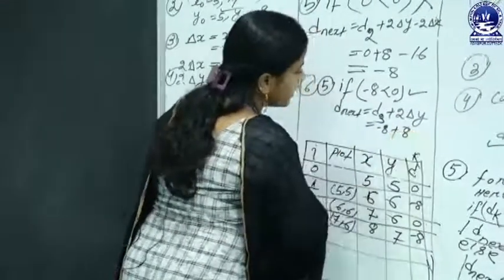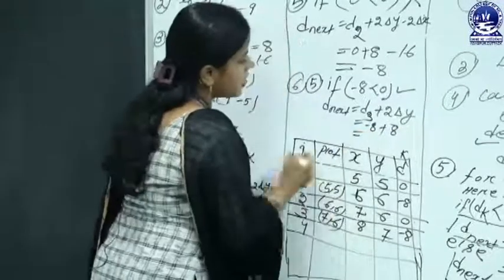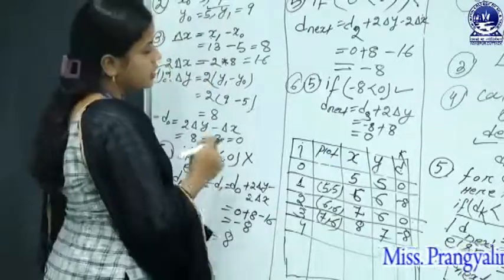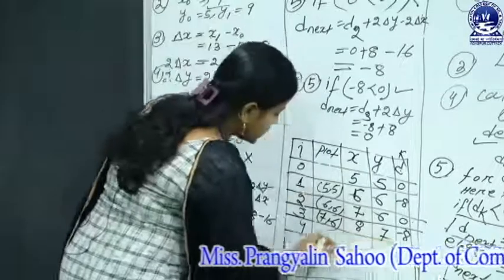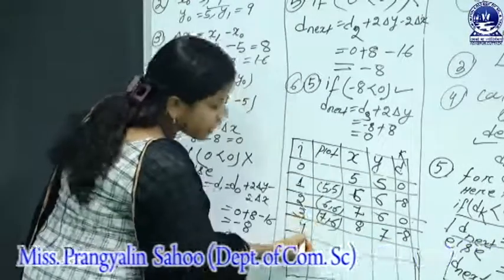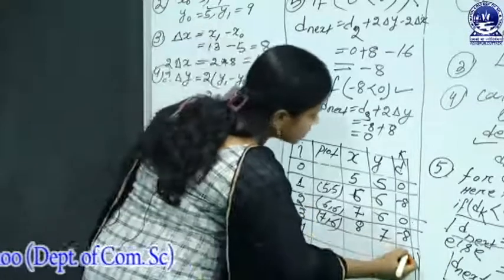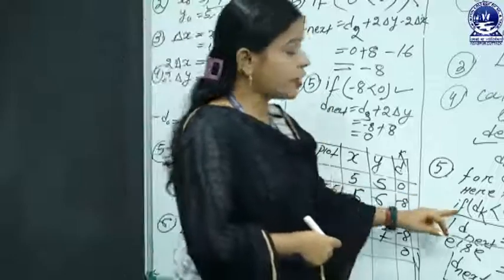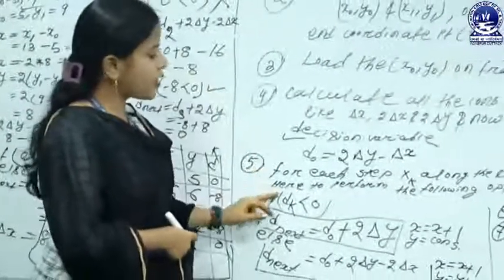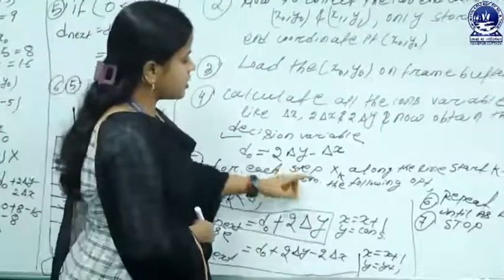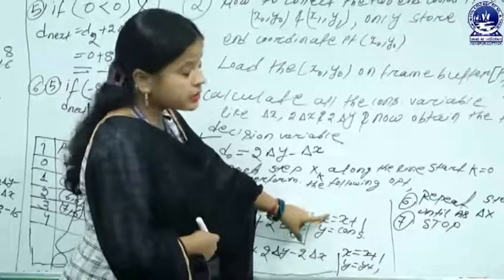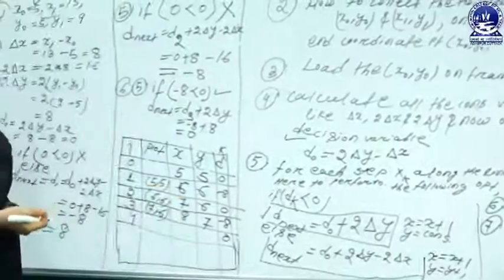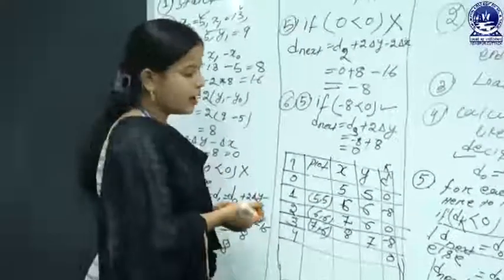When we calculate this expression, the resultant outcome is 0, minus 8 plus 8 is 0. That means at counter value 4, the decision variable is 0. But when the if constraint is executed, Bresenham's algorithm gives one particular condition: the x coordinate is incremented by 1 unit, but the y coordinate stays constant, keeping the previous value.